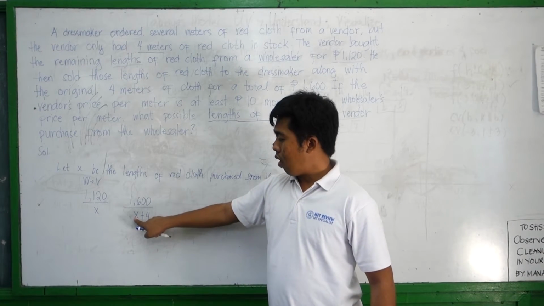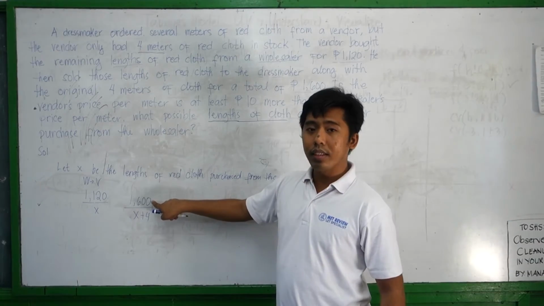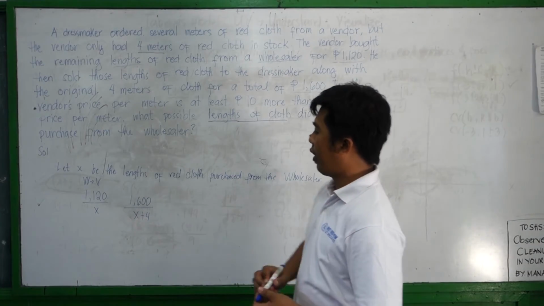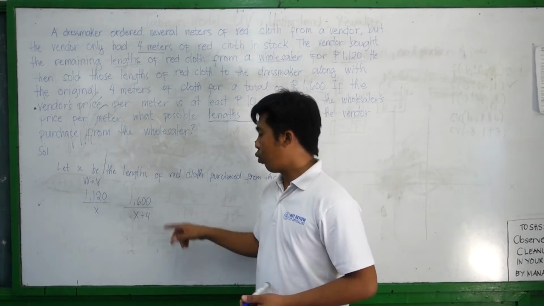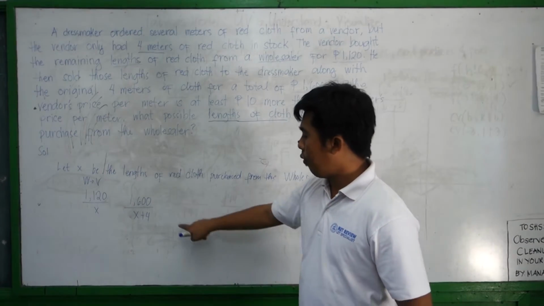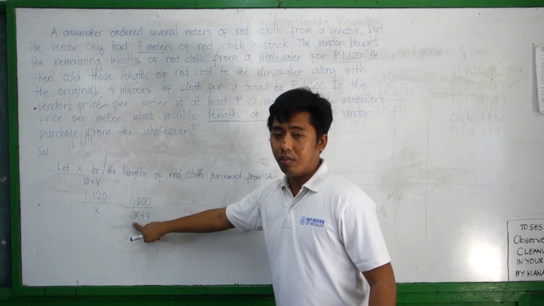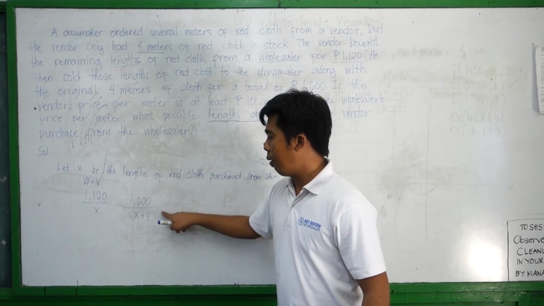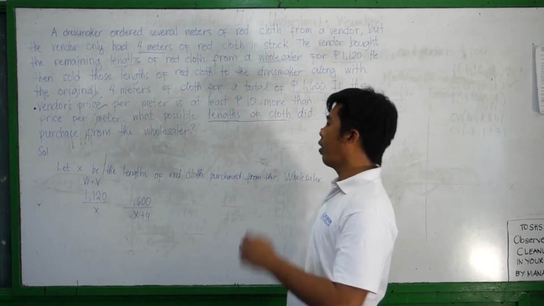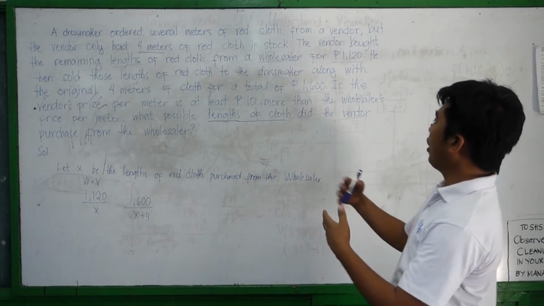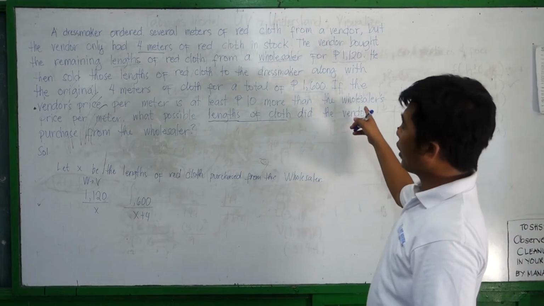Now, the total price is 1,600. So we divide it by that, and the outcome would be the price once we know the length. Now, if we continue.